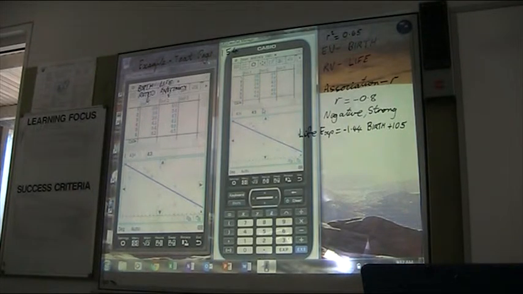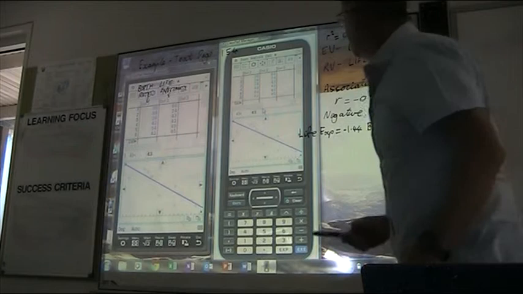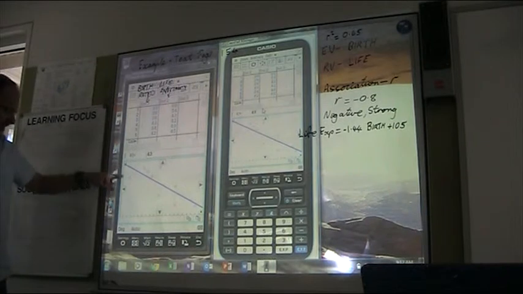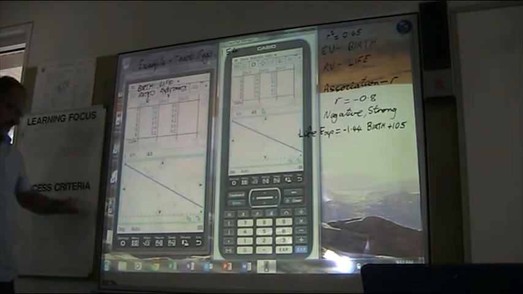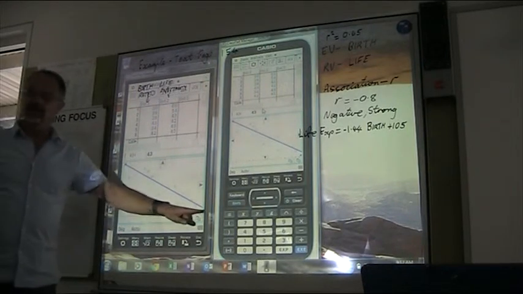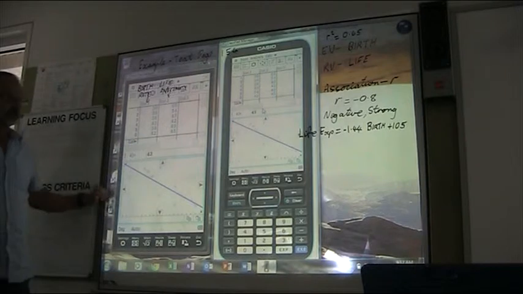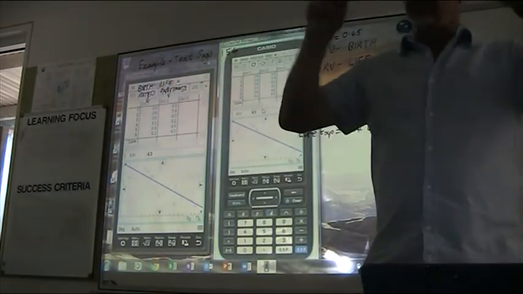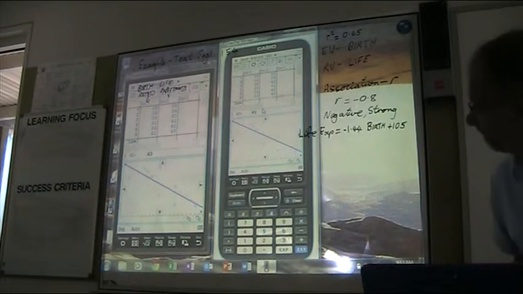So again, if we're talking about a coefficient of determination, remember that 0.65 says that 65% of the variation in life expectancy is affected by the birth rate. Okay. So using, and I gave you the actual proper wording that you should use.